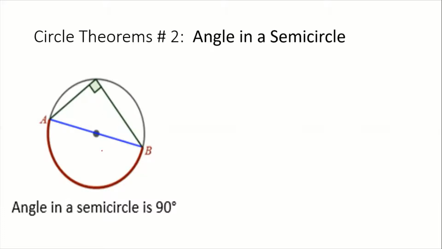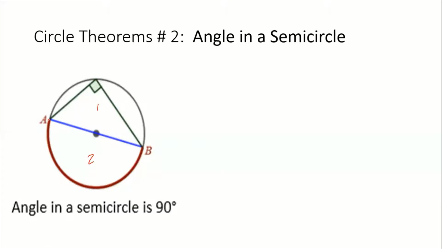This is semicircle 1 and this is semicircle 2. Now, once you have a line from the circumference of the circle to any point, and another line from the other end of the diameter to the circumference, then the angle created between those two lines is always going to have a measure of 90 degrees.